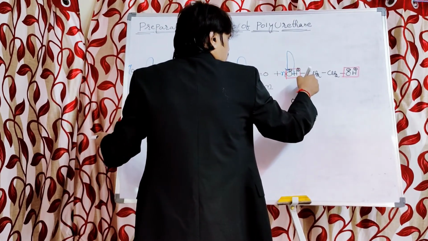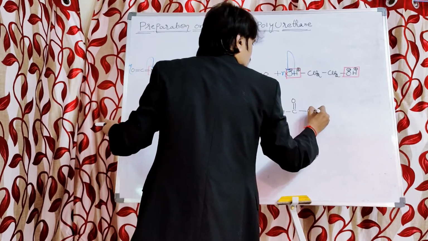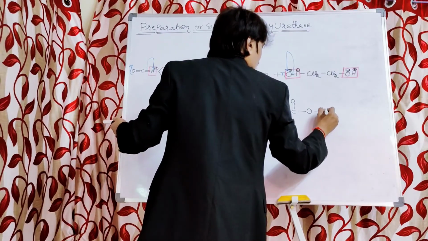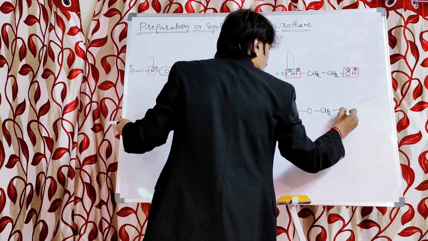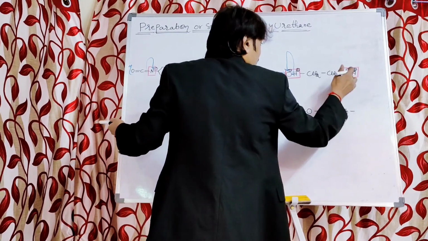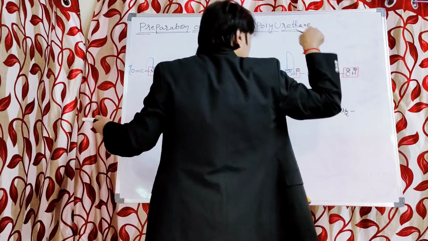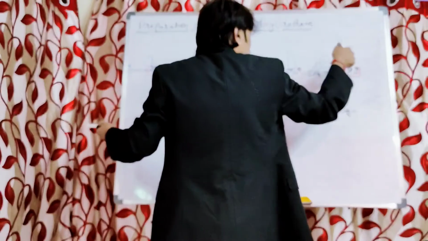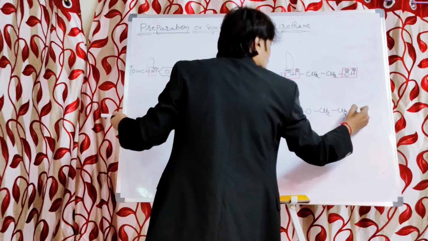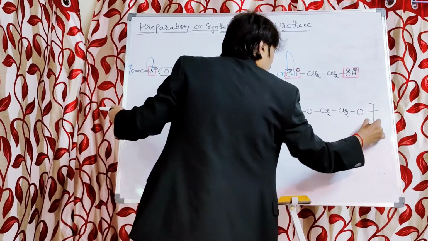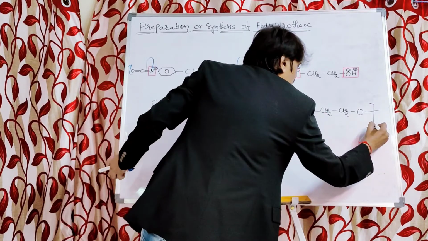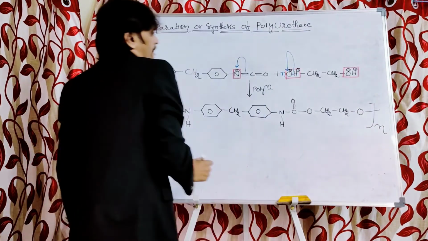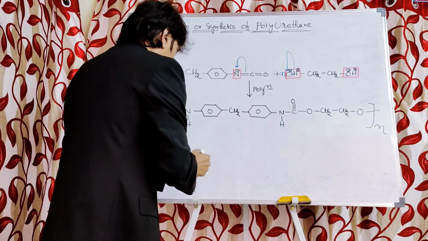So next, is there any change at the CH2? There is no change at the CH2. Now is there any change at the hydroxy moiety? Definitely there is a change, because hydrogen is being lost. Only oxygen is left. This is our polymer.